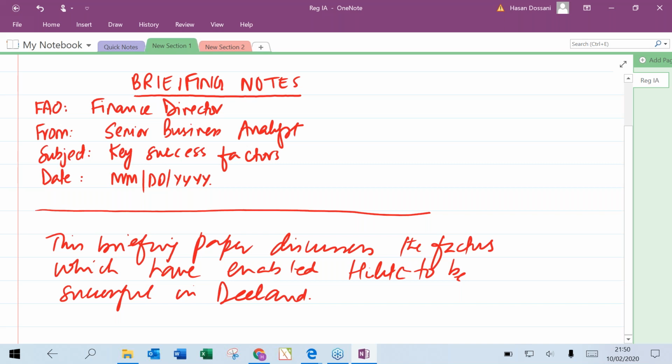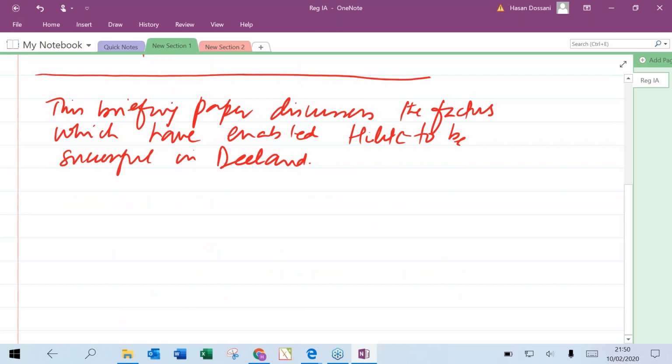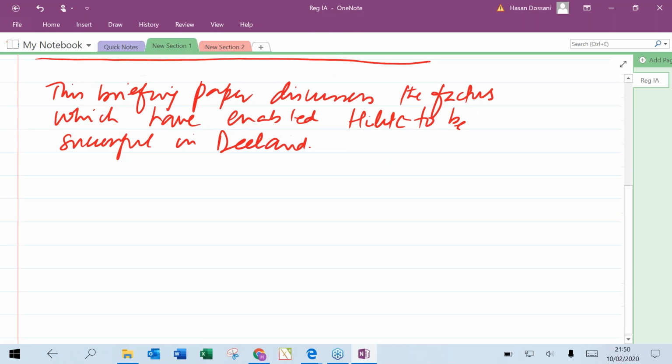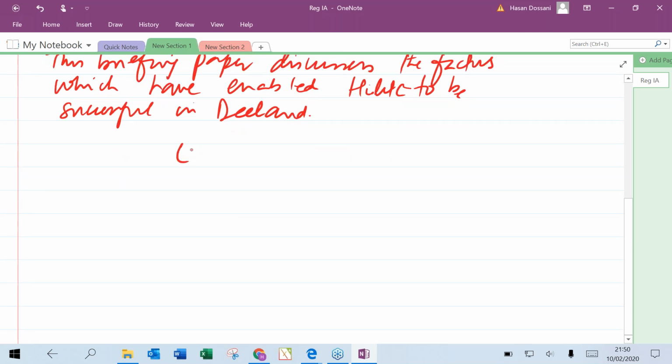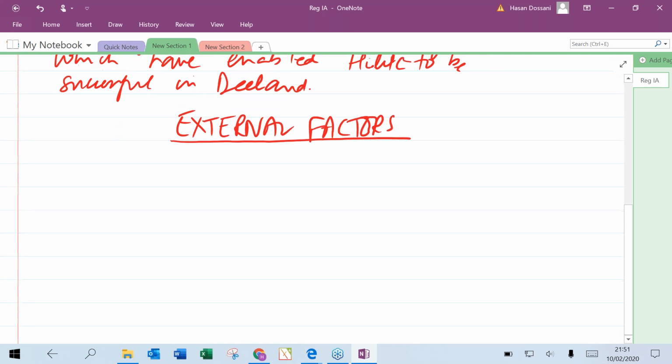Okay, so now success factors. As I said, success factors can be bifurcated between external factors and internal factors. So I will give a broad heading: external factors. And then I would say one.